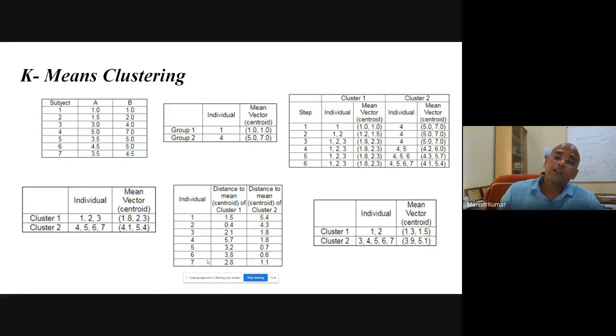Can you tell me what sort of disadvantage I can have with k-means clustering? The problem with k-means clustering is that it always considers all the data points, even those which are noise in your data.